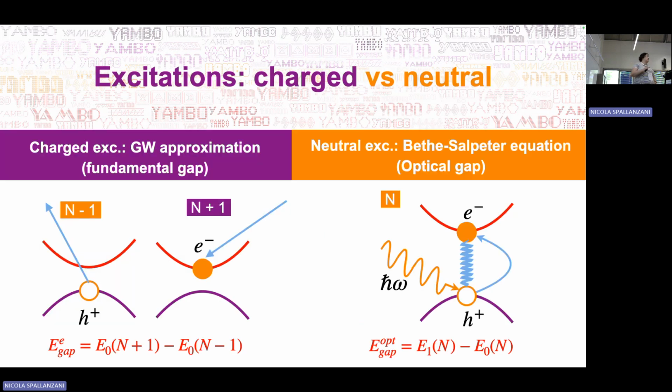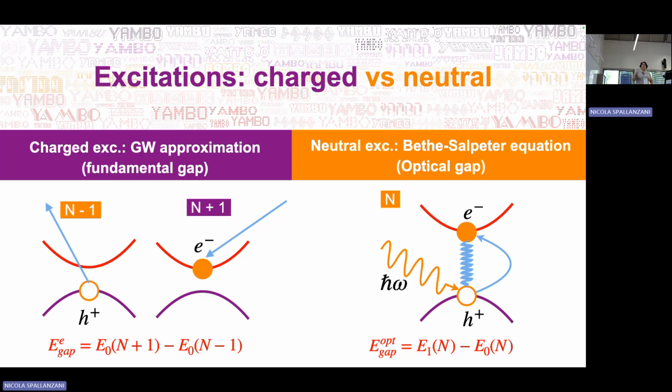So at this point, I would just like to stress the difference, because until now we are talking about this kind of excitations, and these are charged excitations, and this is the kind of process that is treated in the GW approximation that we are talking about today.